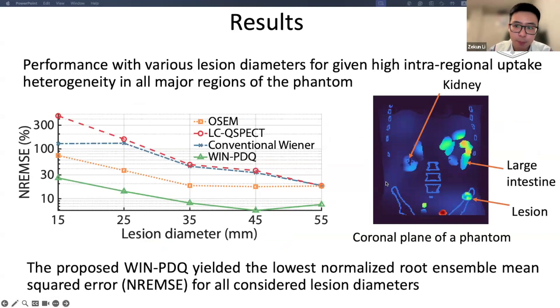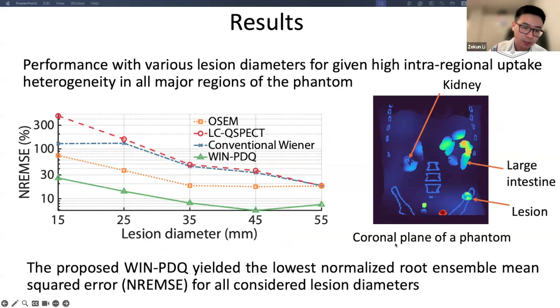Next, we evaluated the performance with various lesion diameters given the high intra-regional uptake heterogeneities in all the major regions of the phantom, as shown in this figure. And we observed that the proposed method yielded the lowest normalized root ensemble mean squared error for all the considered lesion diameters.